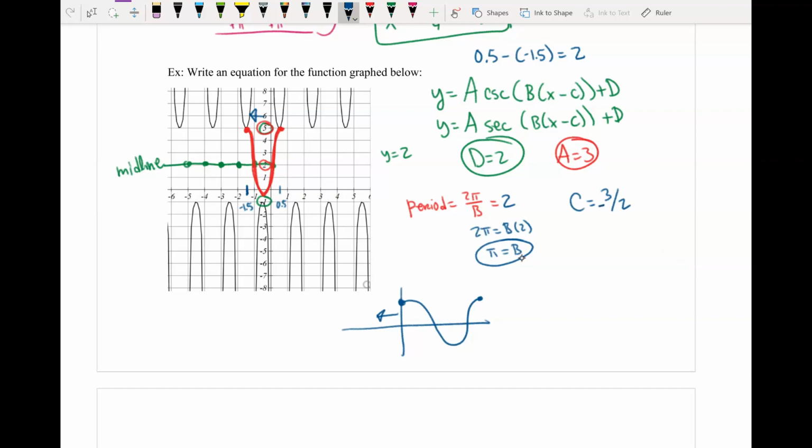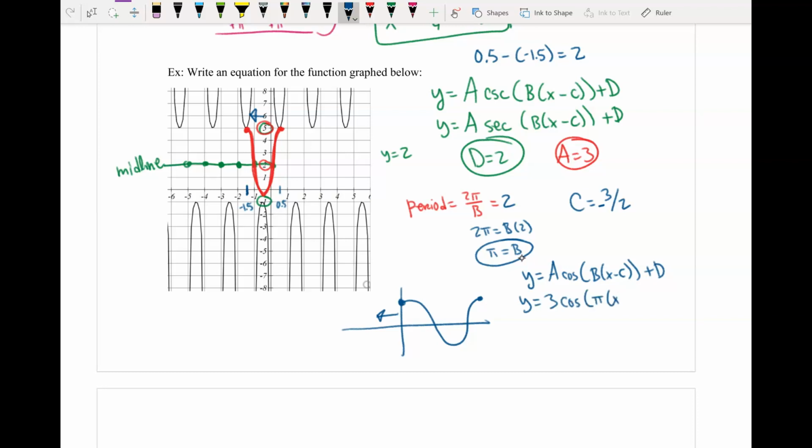So again, this was the cosine curve, right? So we have y is equal to a cosine of bx minus c plus d. So a was equal to 3. We got the cosine. B in this case is pi.